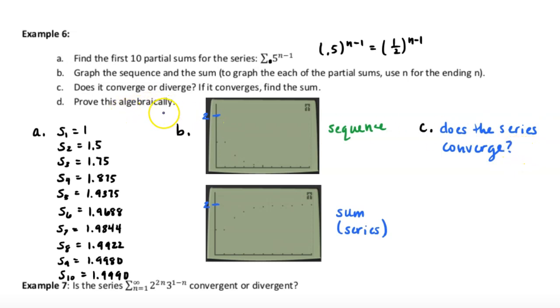And for this, before I do this algebraically, I'm looking at the sum of the series and I'm saying, is there a limit as x approaches infinity? And I can see, and I saw that on the table too, that these values are approaching 2. And so yes, this series converges.